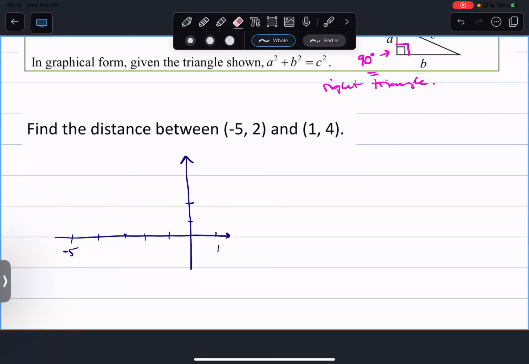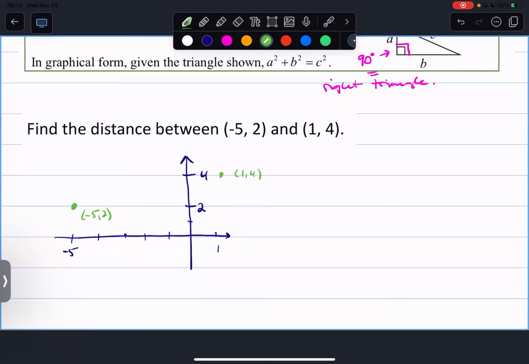Let's put that 2 on this line here so it's easier, making this 4 conveniently. Negative 5, 2 is here. 1, 4 is roughly here.